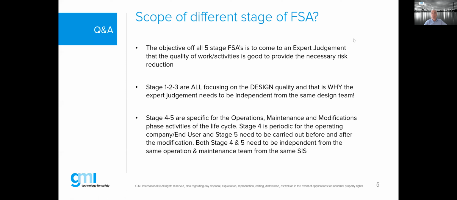Again, very briefly, stage 1, 2, 3 need to be independent from the design. For stage 4 and 5, needs to be independent from the ops and maintenance. And I think, to be quite frank with you, the biggest challenge in the industry today and for the future is stage 4 and 5. Because stage 4 and 5, that's the end users. Stage 1, 2, 3, well, I can call it more the specialist teams are still involved, still working, still doing the design.